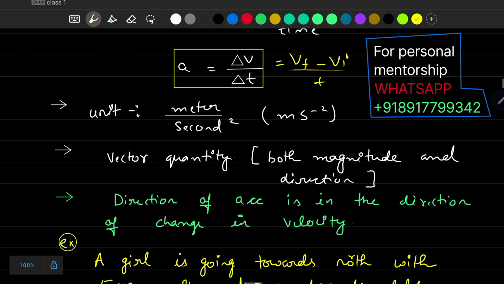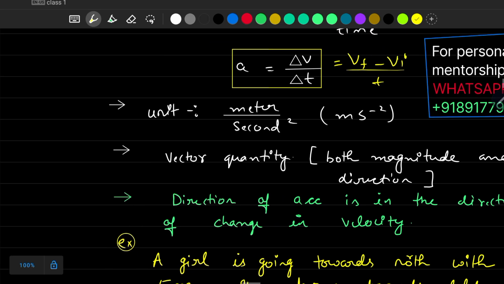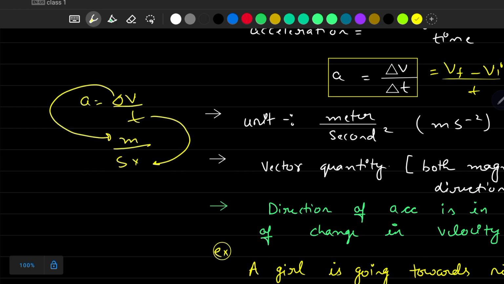So what will be the unit of acceleration? What is the unit of velocity? The unit of velocity is meter per second. Acceleration is change in velocity upon time, and we have an extra t, so second into second will become meter per second square, which is ms to the power minus 2.